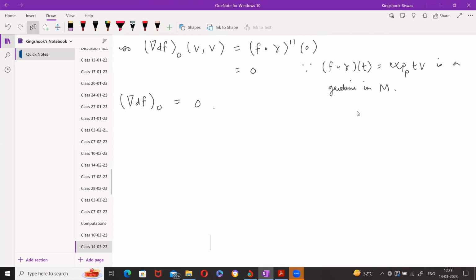So first of all, if V is a finite dimensional vector space over R, and F is a map from a Riemannian manifold M into V, then we can define the Laplacian of F as a V valued function.